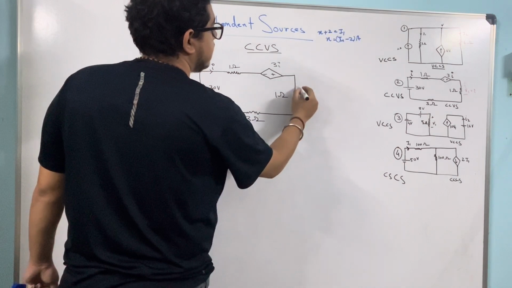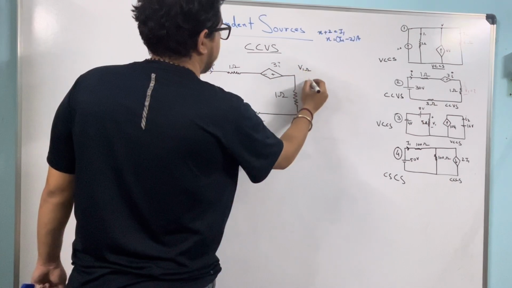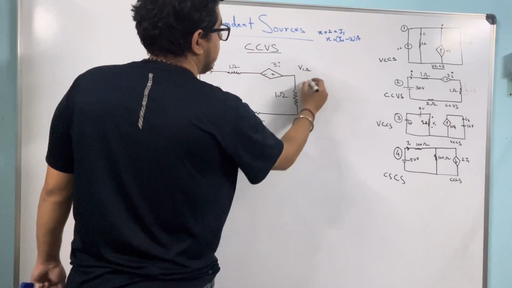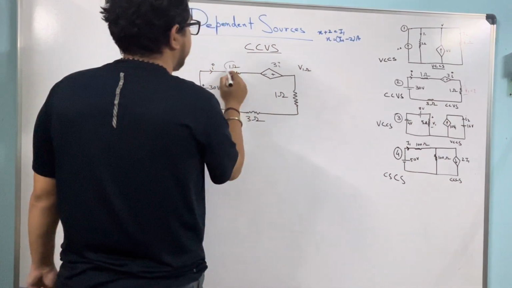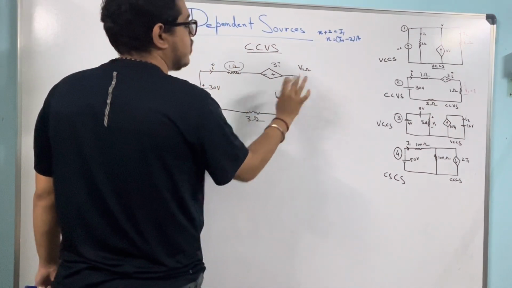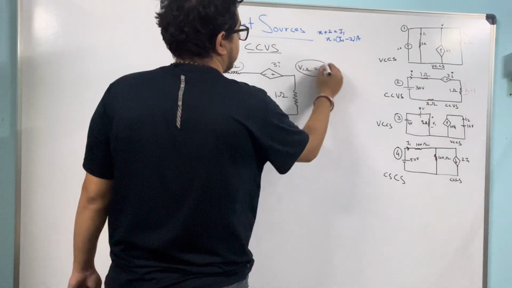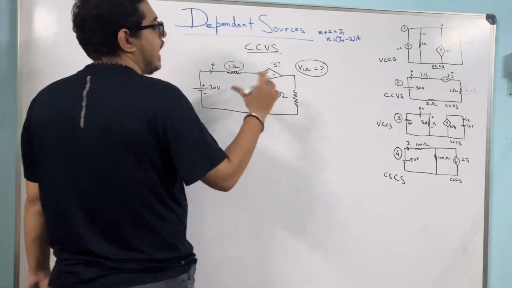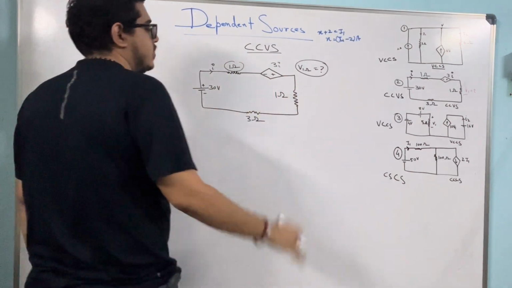The question is to find V across the 1 ohm resistance, okay? Both are 1 ohm resistances, so we need to find the voltage across these two resistances, which will be equal to IR. So we have to find I, into 1, that is the resistance, okay?